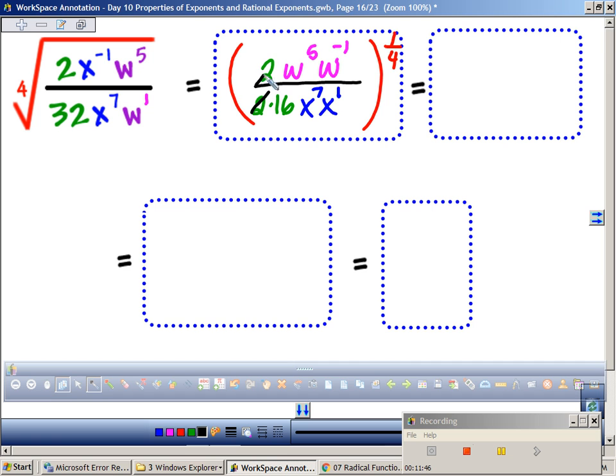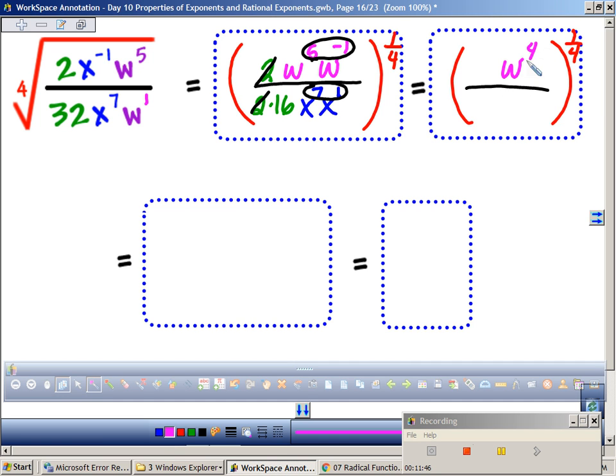Then I say to myself, this simplifies to a 1. These are going to combine. And these are going to combine. So now I'm going to rewrite it, still all to the 4th. And I'm left with w to the 4th and 16 x to the 5th.